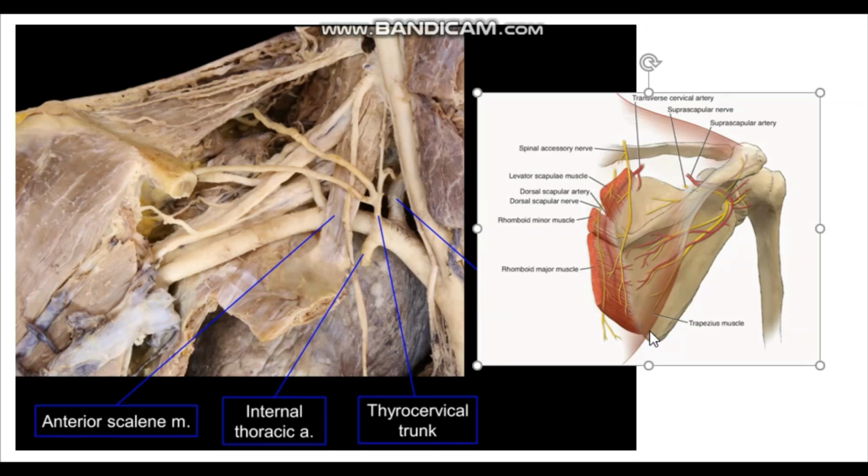That artery supplies the muscles of the back and gives branches to the muscles of the scapula. The superficial branch, in our case, on our cadaver, originated from the thyrocervical trunk, goes to the trapezius muscle, a superficial muscle of the back, and supplies it.